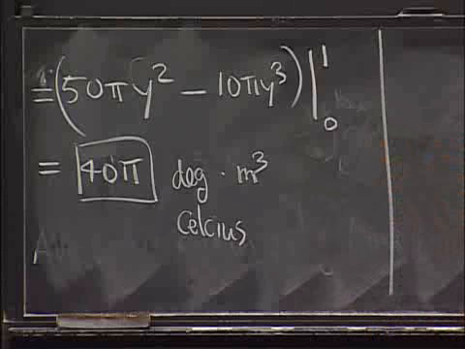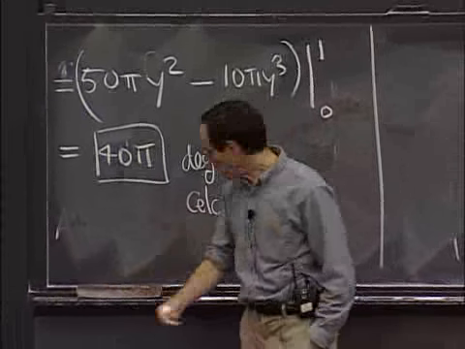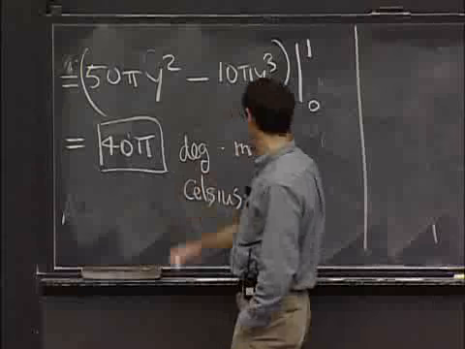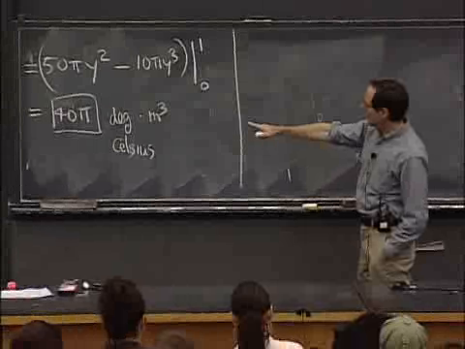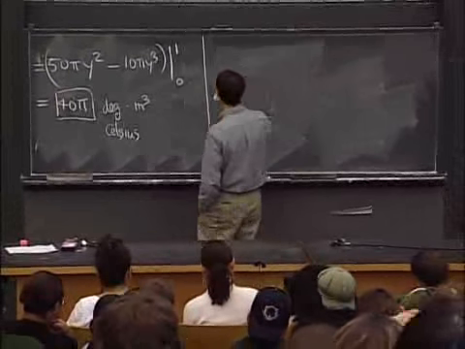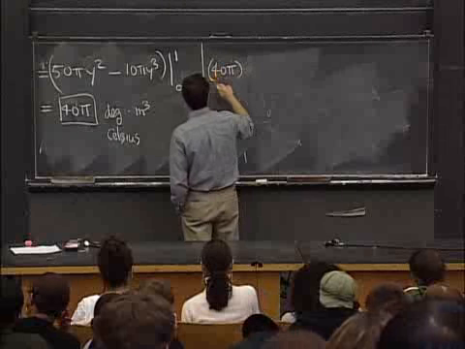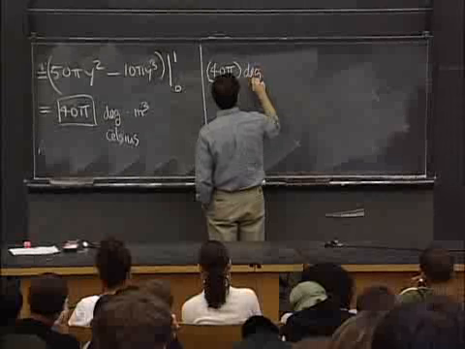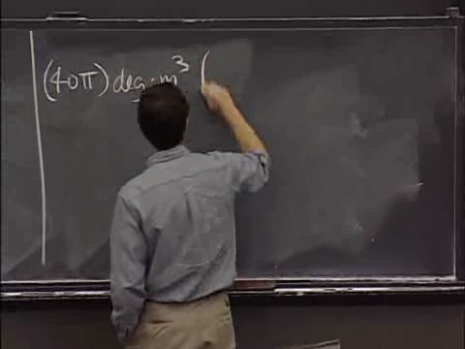These are the correct units. And now I can translate this into units that you're more familiar with. So let's try 40 pi degrees times meters cubed, and then do the conversion factors.